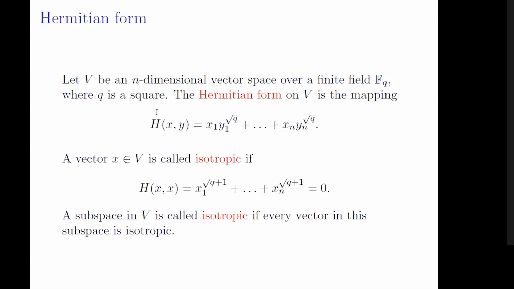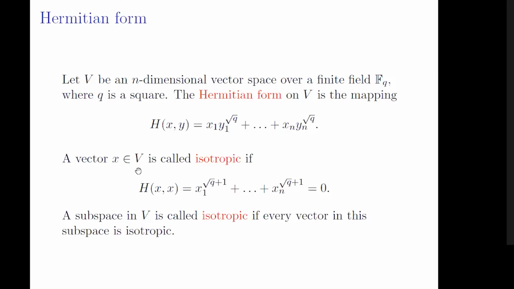Let V be an n-dimensional vector space over a finite field Fq, where q is a square. The Hermitian form on V is the mapping given by this formula. So we consider the sum of products of coordinates of two vectors, where the coordinates of the first vector are taken by themselves, and the second coordinate is taken to the power square root of q, which is the action of the automorphism of order 2.